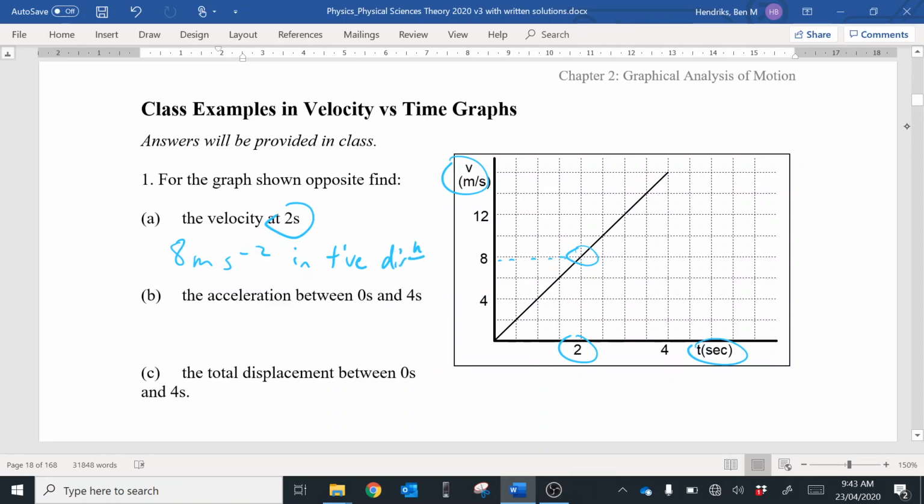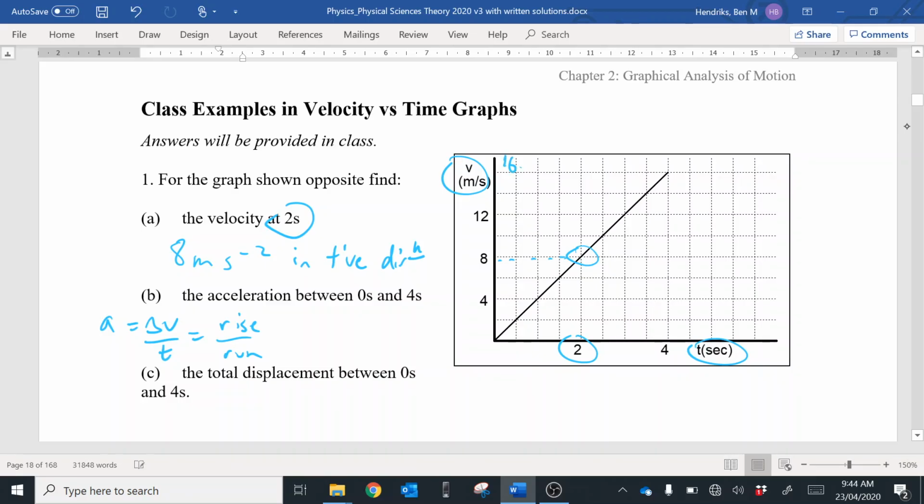Okay. So the acceleration between 0 and 4 seconds. In your notes above, acceleration is equal to the change in velocity over time, which is equal to the rise over run for this graph. So between 0 and 4 seconds, up here this is going to be 16.